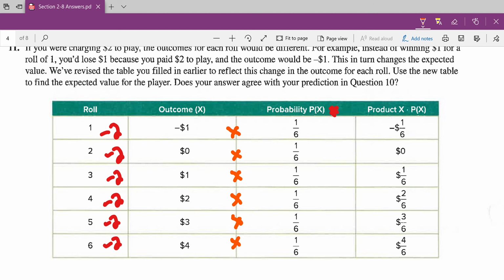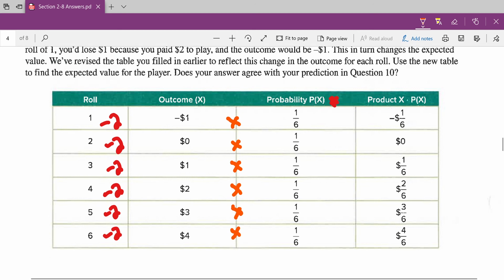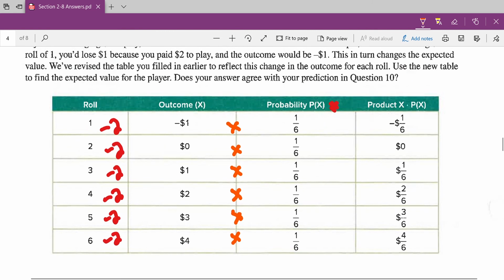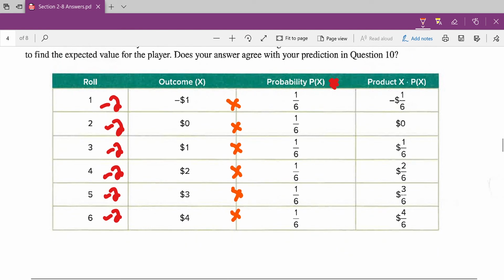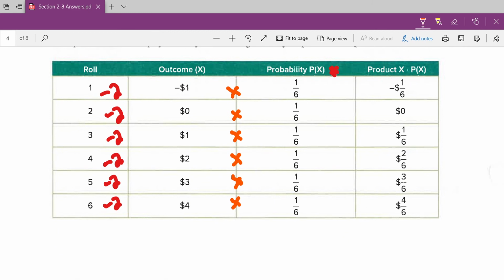Now they ask me to go up and add these again. This is towards the bottom of this chart. It says, let's go ahead and add the values. So it's going to be something over 6 again. -1 plus 0 plus 1 plus 2 plus 3 plus 4 ends up being 9 over 6, or $1.50.